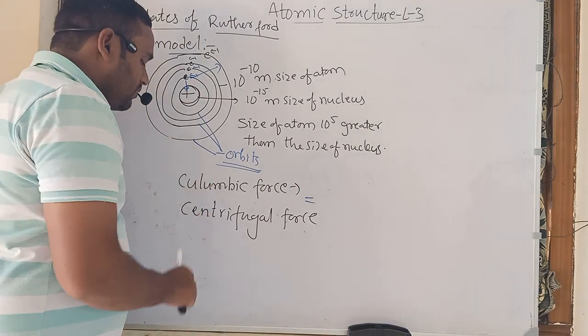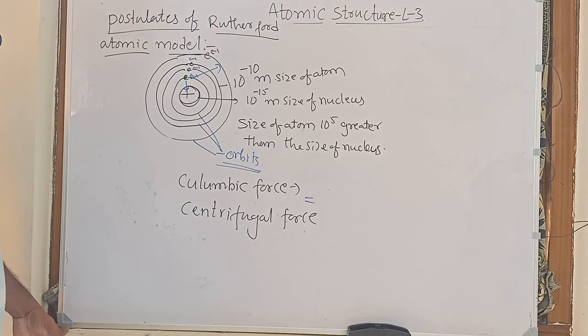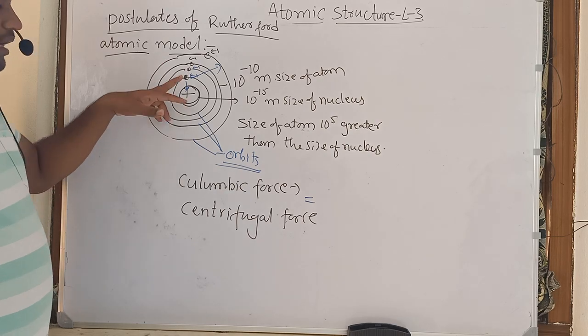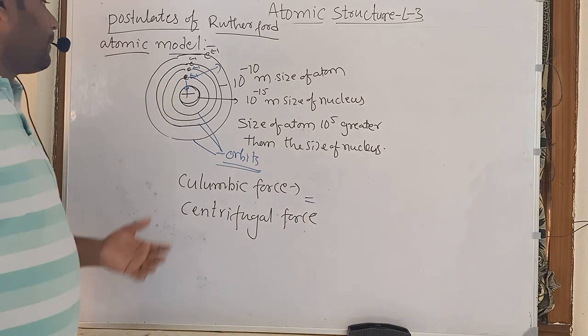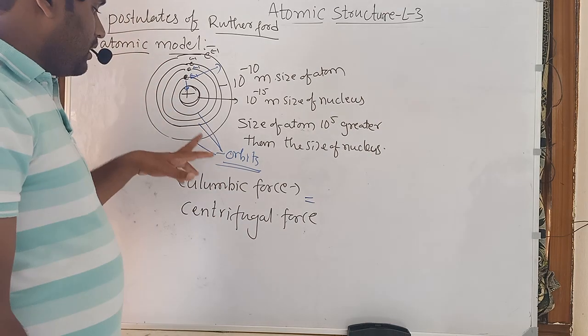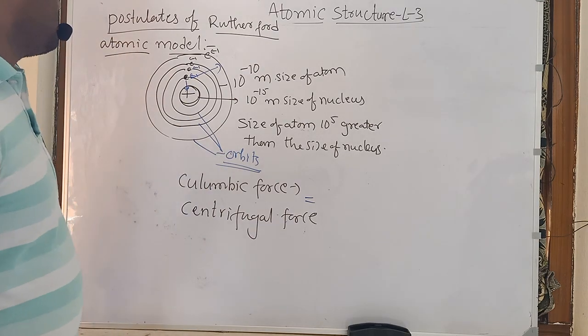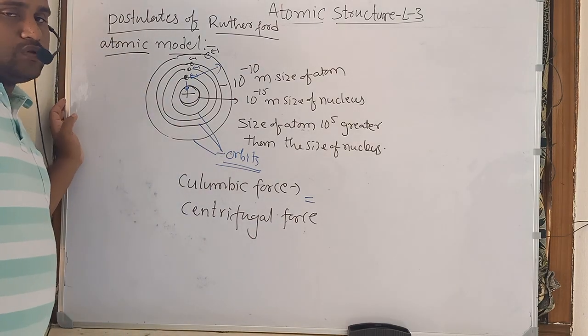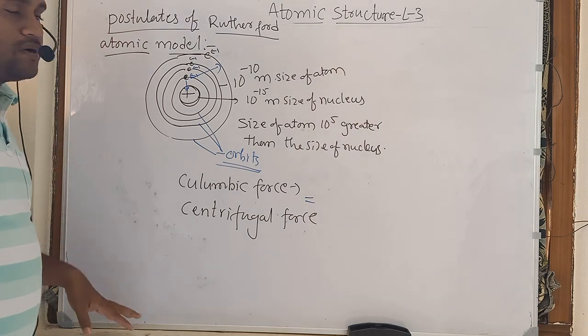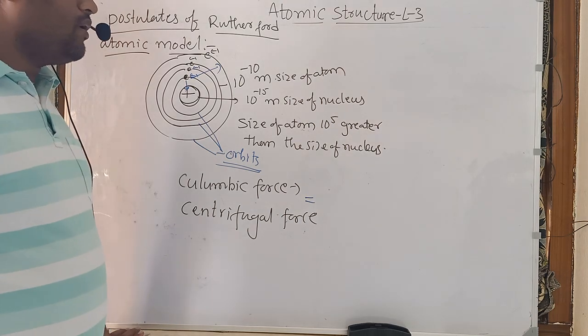There is a balance between the Coulombic and centrifugal forces. That's why the electrons continuously revolve in circular paths. These circular paths are called orbits, according to Rutherford. So these are the main important points in the Rutherford atomic model.